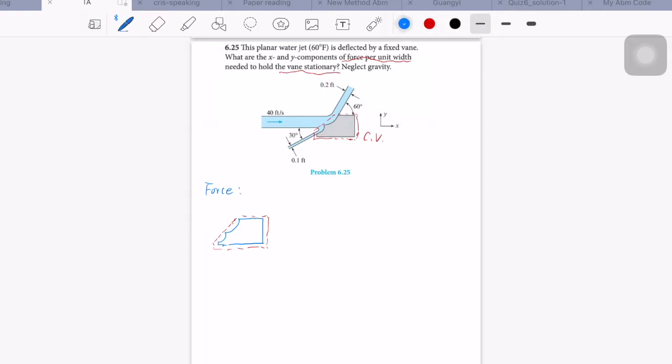and we assume the force in the x direction is Fx, and the force in the y direction is Fy.